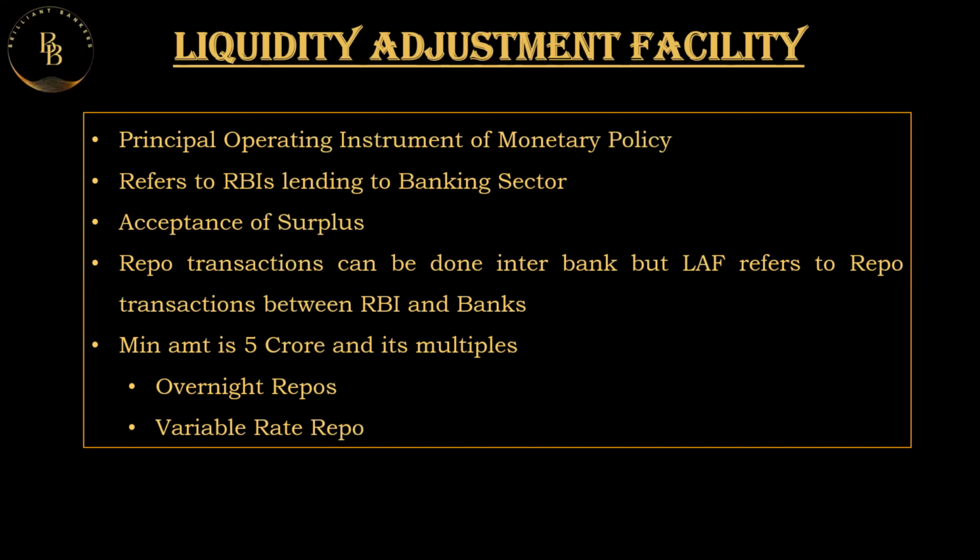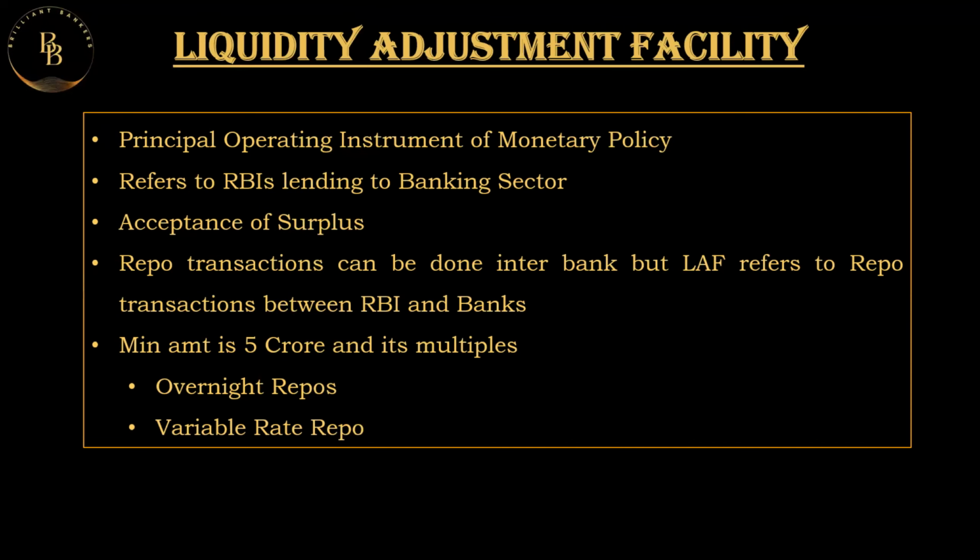So there are two types of repos. One is called the overnight repo, and the other is the variable rate repo. So what is an overnight repo? It is liquidity provided by the RBI at the LAF repo rate.